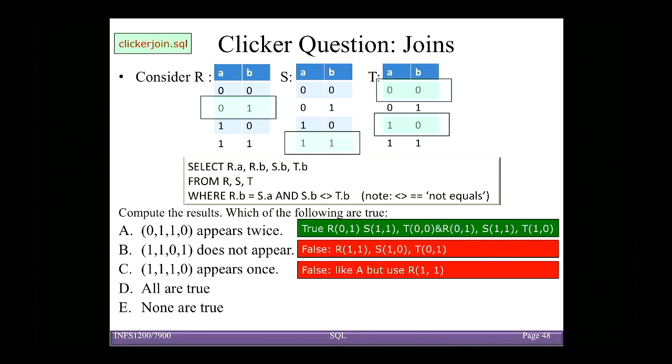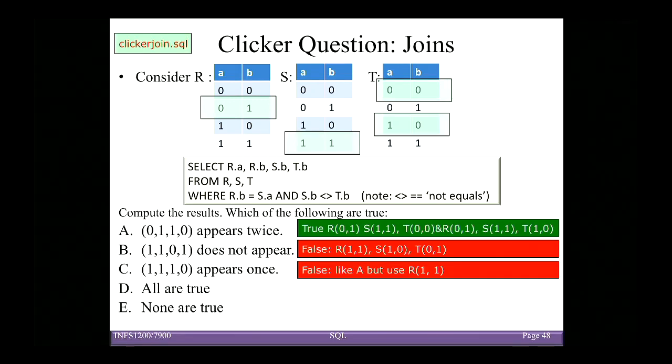Now, for this not to appear, that means you shouldn't have 1, 1, 1, 0, or 0, 1, which you do. So you want S.A to be equal to R.B and S.B not to be equal to T.B. And essentially, there'd be different combinations of things that you need to check. This will appear twice, and those are the two combinations that you can use in order to get that.